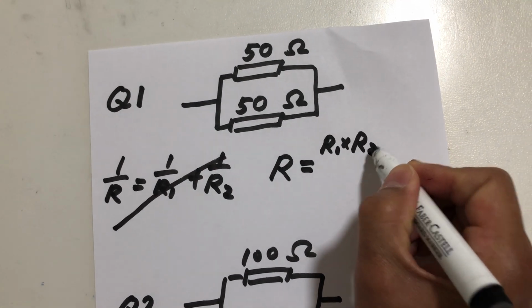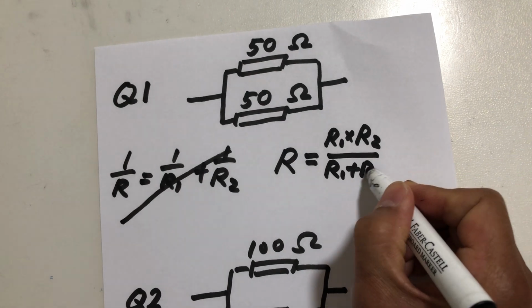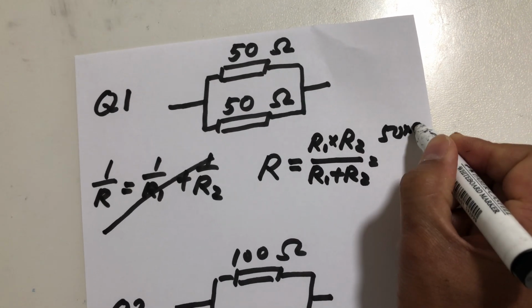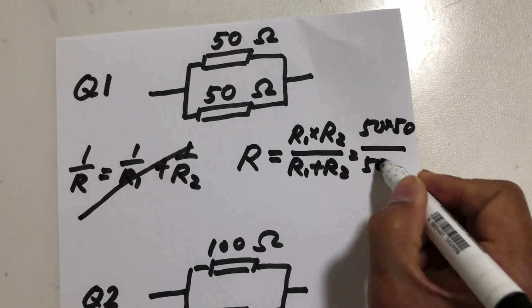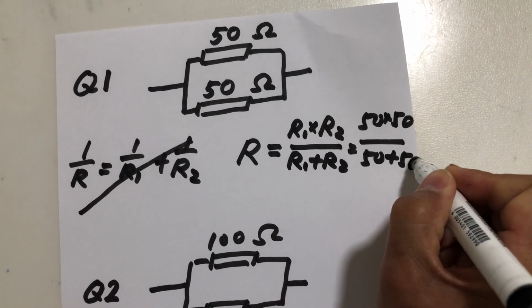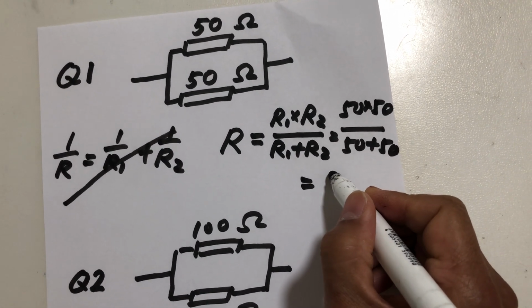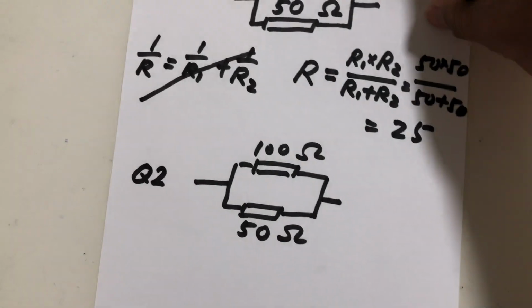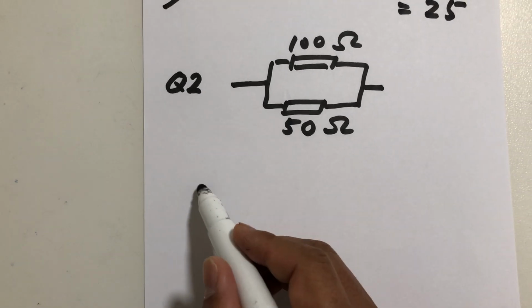The first one times the second one, and divided by the first one plus the second one. So it becomes 50 times 50, and then divided by 50 plus 50. You can use a calculator. Okay, it's 25. Okay, can you do the second one? The same thing.